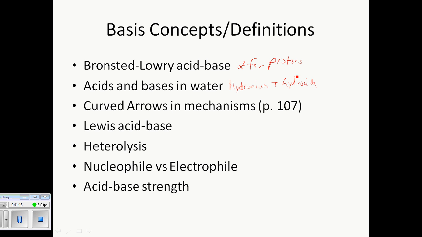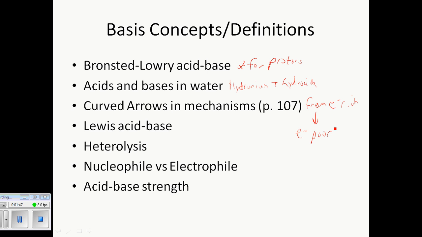Page 107 gives you some steps to follow, and just as long as you remember, you're going to go from electron rich to electron poor, you should be alright with your electrons. It's just determining which is the most electron rich and most electron poor in the species or mixture, and then drawing the arrow from electron rich to electron poor.